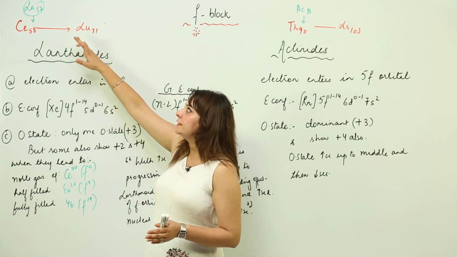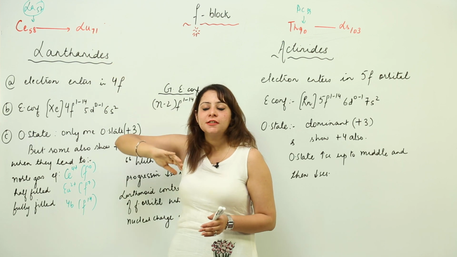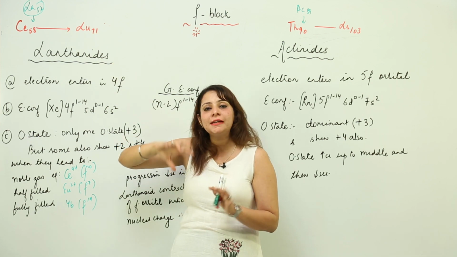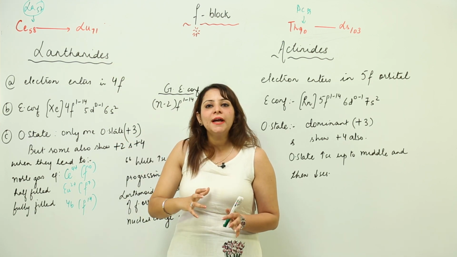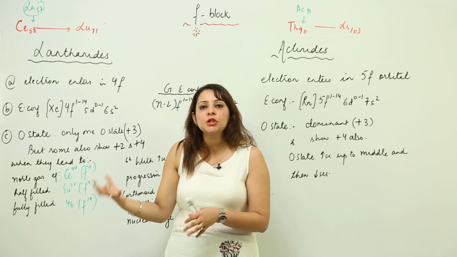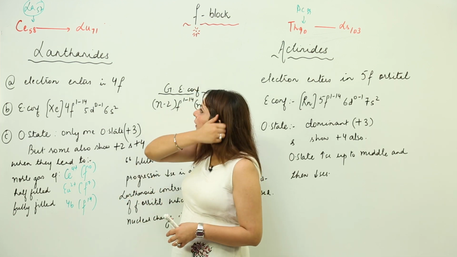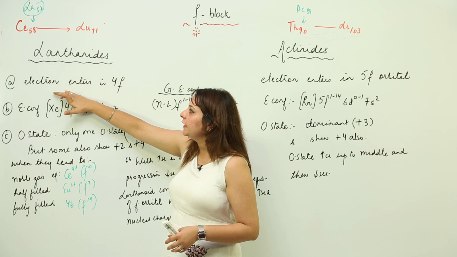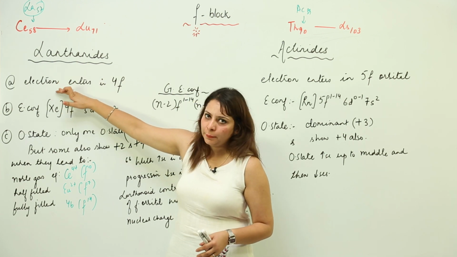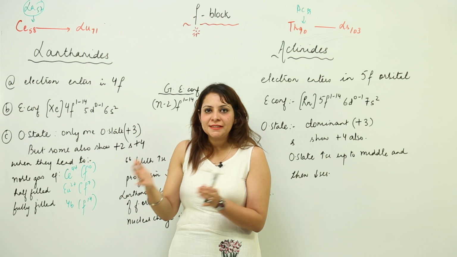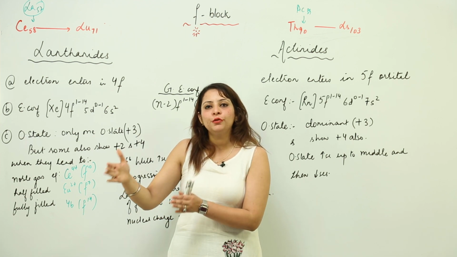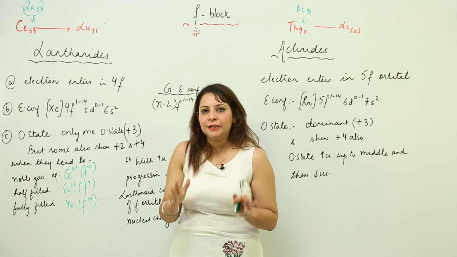So this is the lanthanide series, because its preceding element is lanthanum. That is why it is called lanthanoids or the lanthanide series. In lanthanoids, we observe successive filling of the 4F orbital, starting with 4F1, 4F2, 4F3. Likewise, it can accommodate 14 electrons.